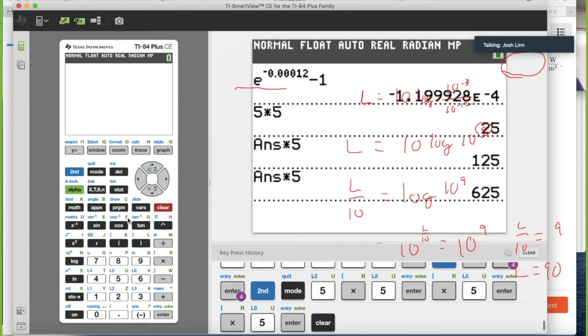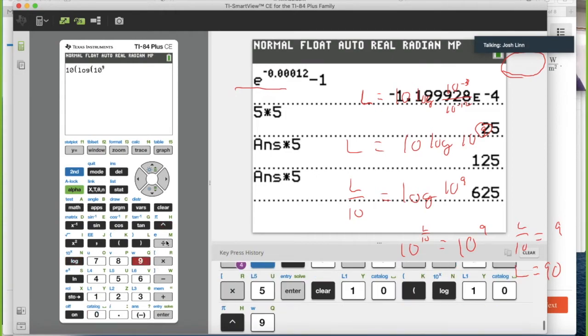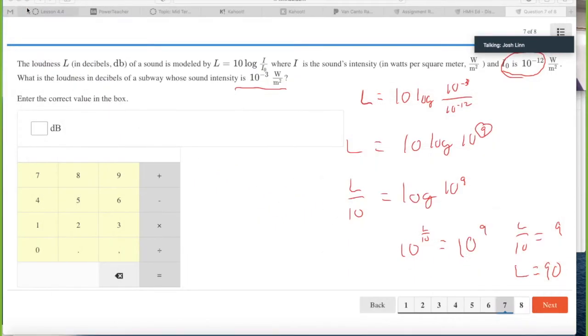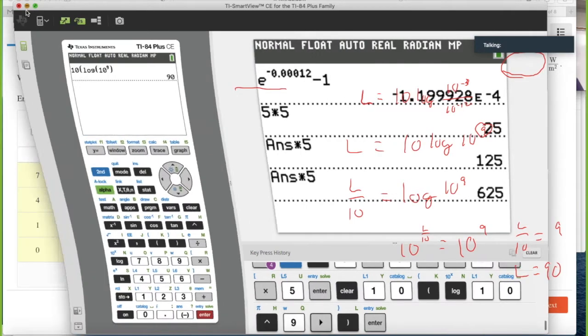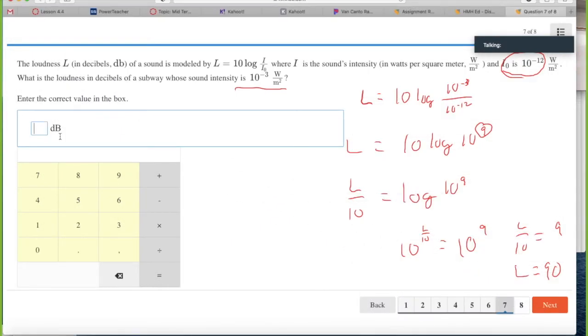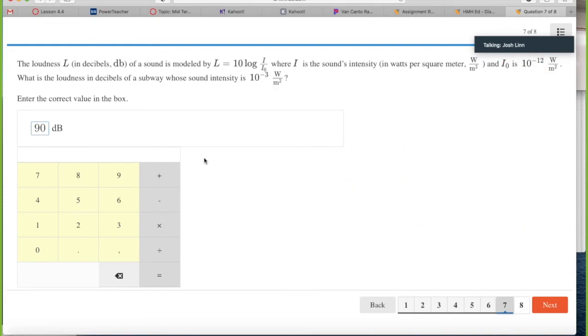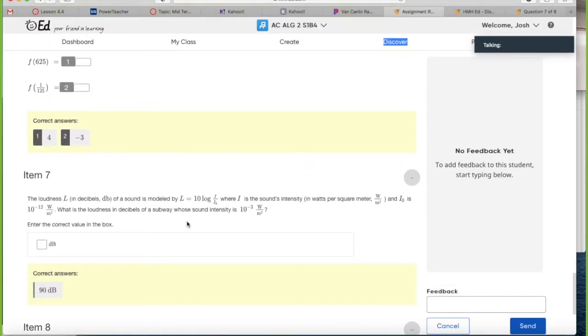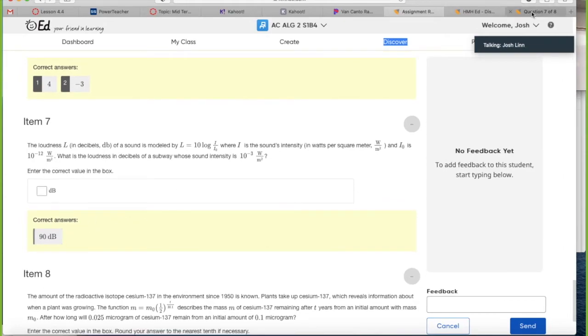So it says L equals 10 times log base 10 of 10 to the 9th equals 90. So I was right. I'm not going crazy. Nine zero. Just to double check. 90 decibels.